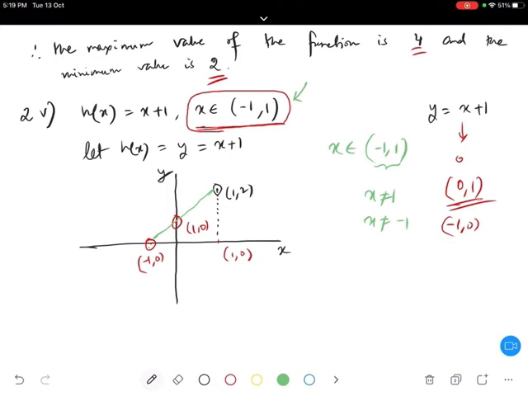It will never meet this point, and this point also it will never meet. Why? Because x is never equal to 1 and x is never equal to -1. Yes or no? Come on guys, tell me, have you understood?